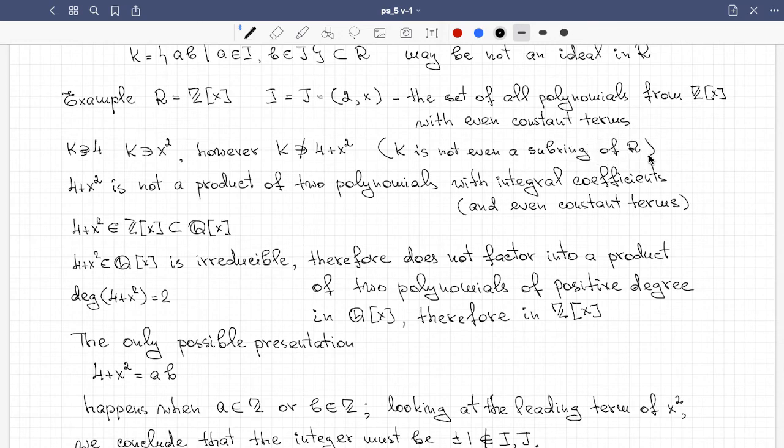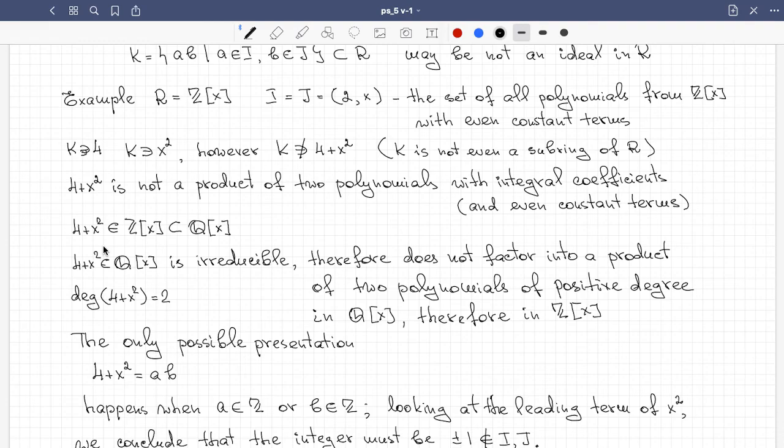So we show that the sum is not in K. This polynomial cannot be written as a product of two elements, one from I, one from J, meaning from the same product of two elements of this ideal. In fact, the polynomial is irreducible and can be written only as 1 times the polynomial.